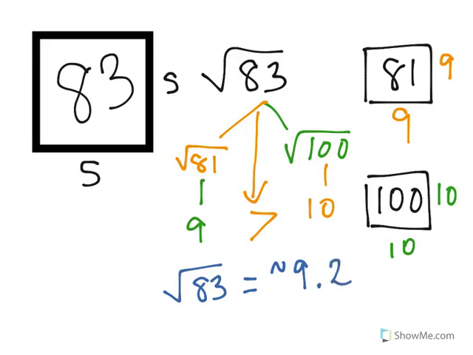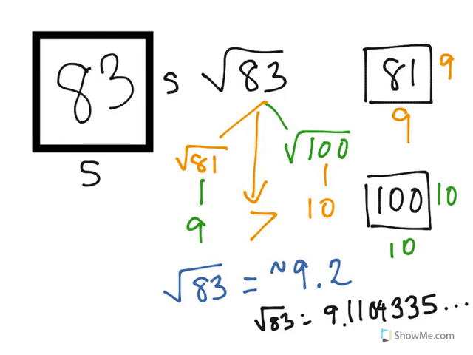When I put this into my calculator, I get the exact answer. And the actual answer is that the square root of 83 is equal to 9.1104335, and it just keeps going on, which is an irrational number. So I was close in my estimation, figuring it was 9.2.